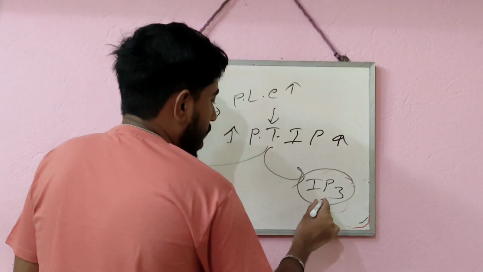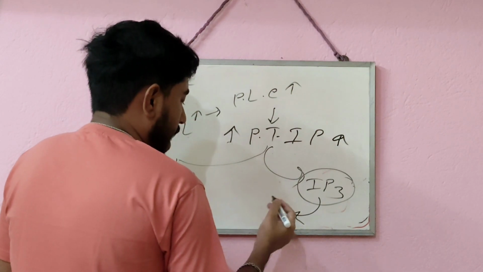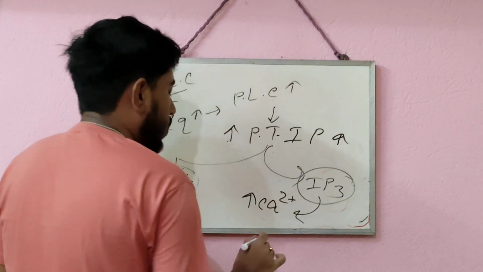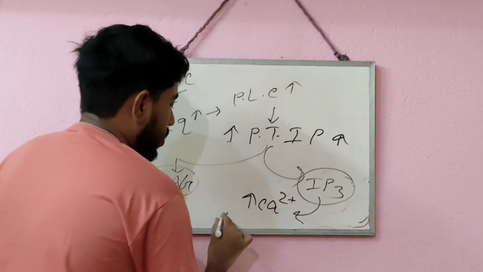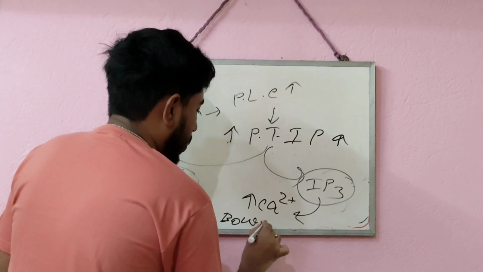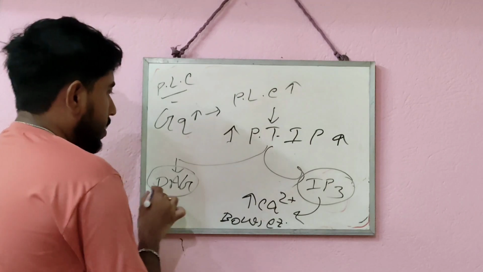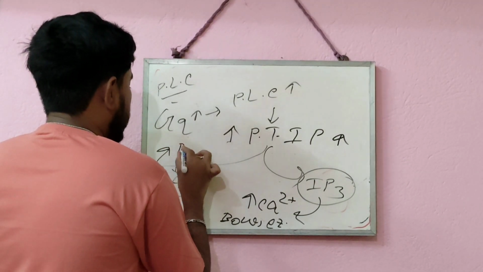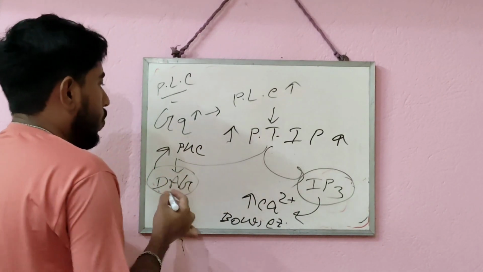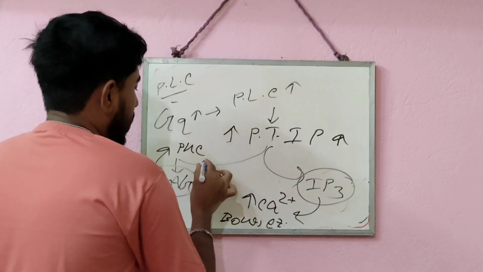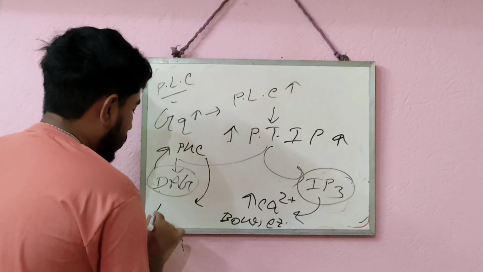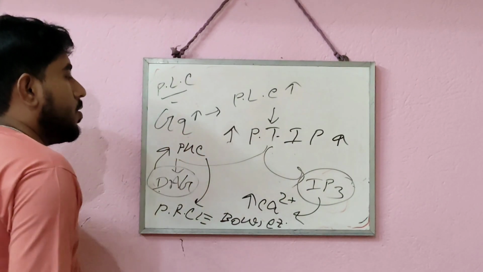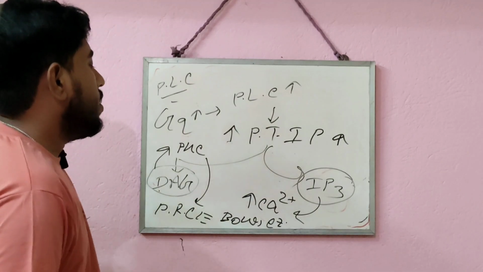What will IP3 do? IP3 will activate the release of calcium into the cytosol, which will lead to the activation of enzymes. And DAG will increase the activation of PKC, and that PKC will help in the phosphorylation of certain enzymes. So what is the PLC or phospholipase C pathway?